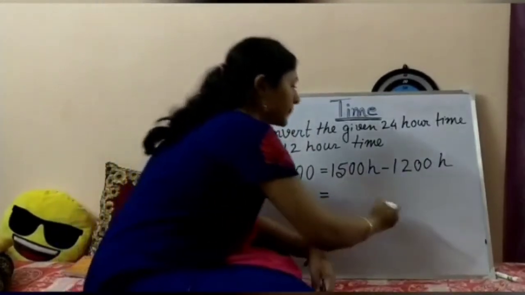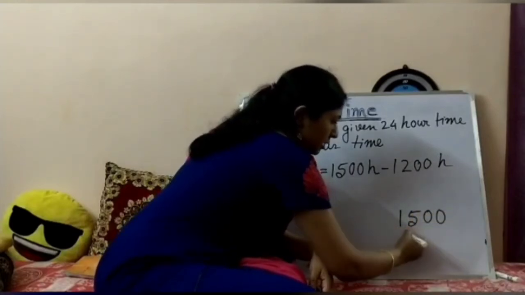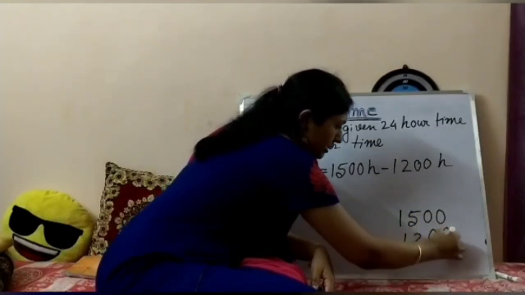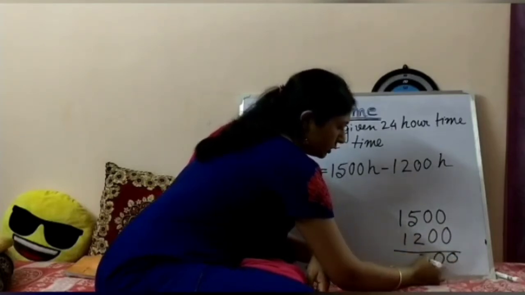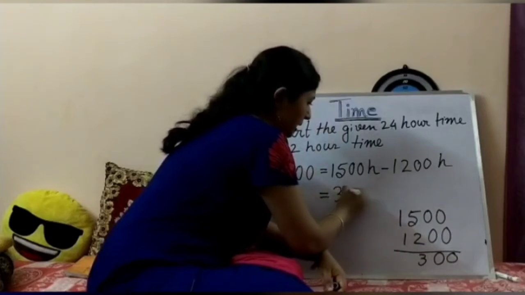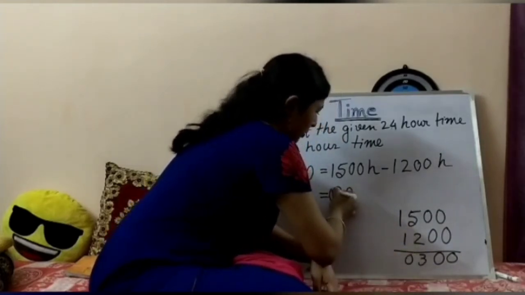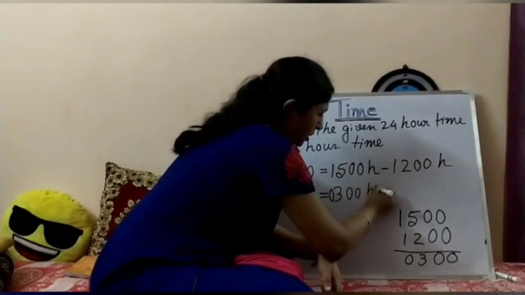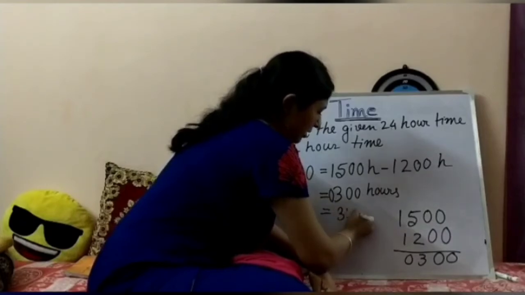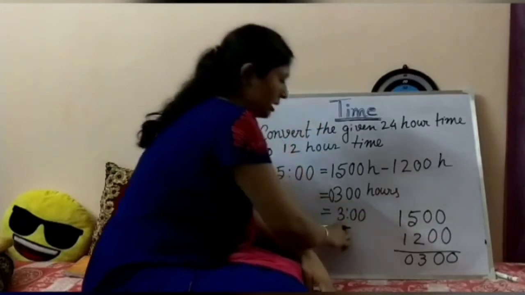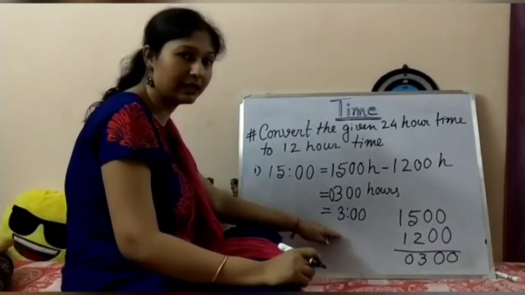So here 1500 minus 1200, 0 0 3. So it came 0300 hours, or we can write 3. Like this way we can get our result.